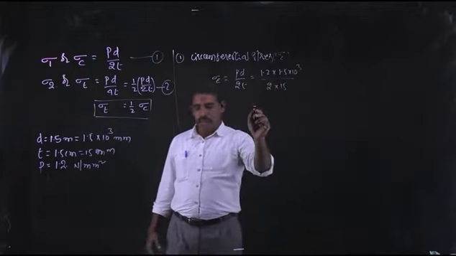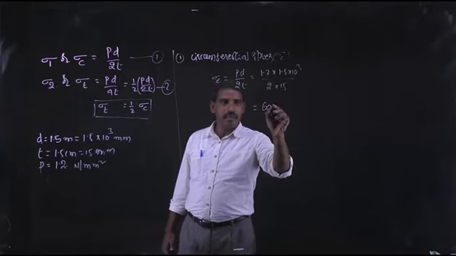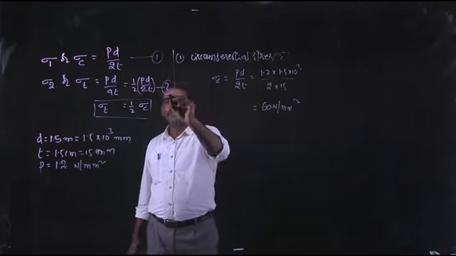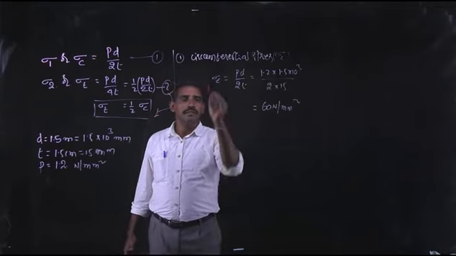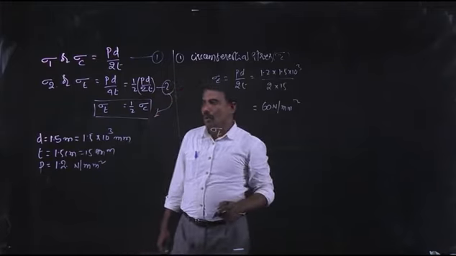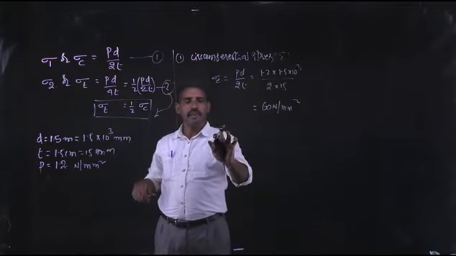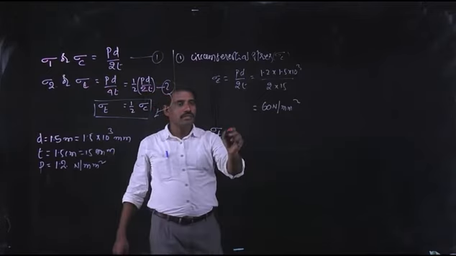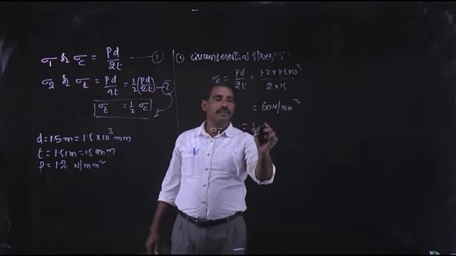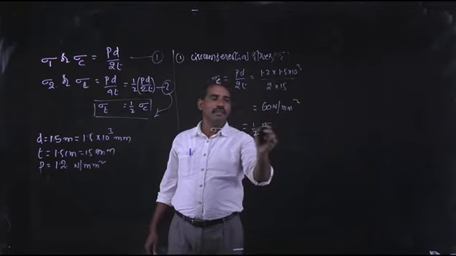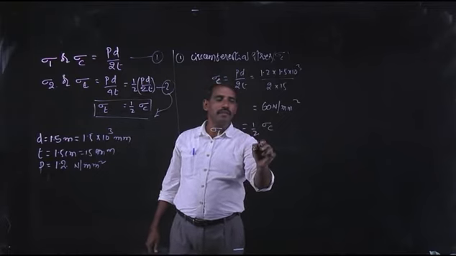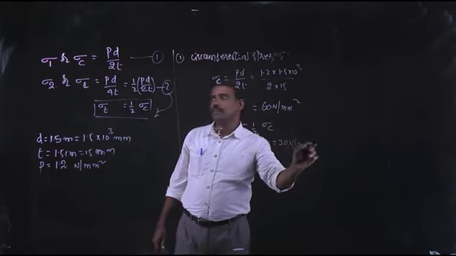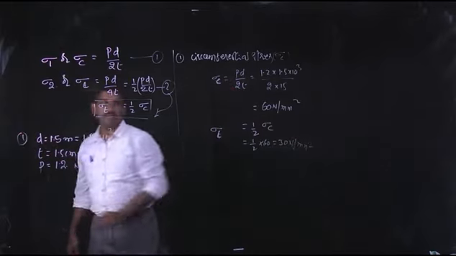Finally, the stress is 60 Newton per mm square. So from equation number 2, the longitudinal stress, represented by L to avoid the confusion, is equal to half of sigma c. It means half into 60, that is equal to 30 Newton per mm square. This is problem number 1.